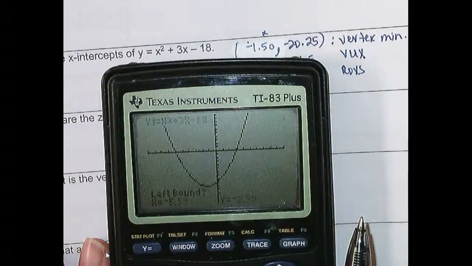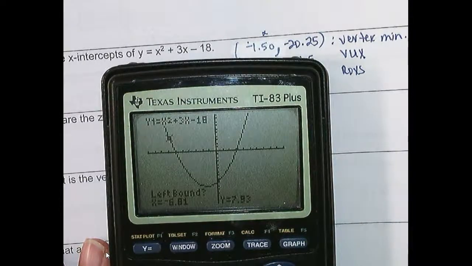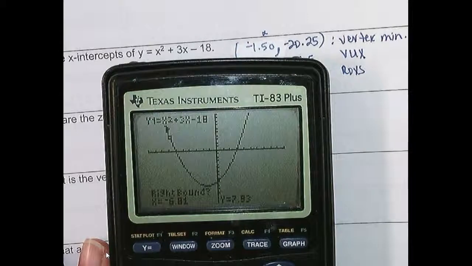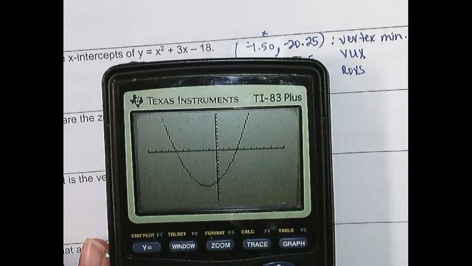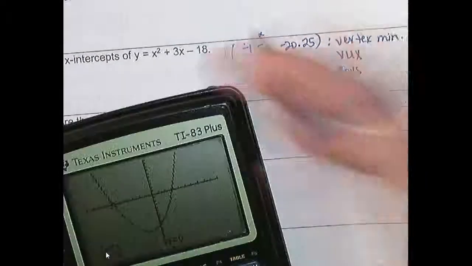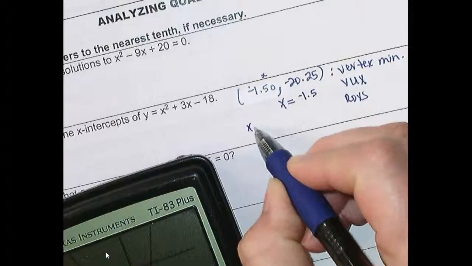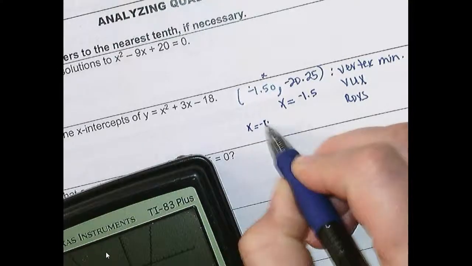So above it's going to be left. So that's a nice one. I want to push enter for left. And then I want to go below it. And by the way, I'm using my right and left buttons. That looks good to me. I'm below it. And then, yes, I want the calculator to guess for me. And guess what? X equals negative 6.